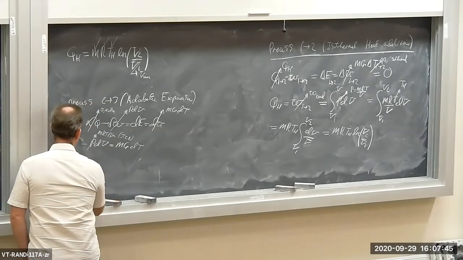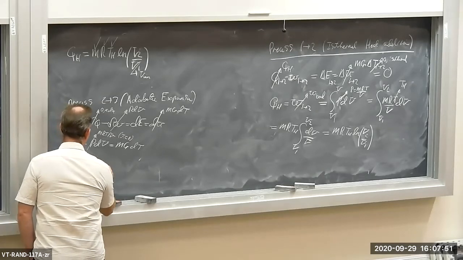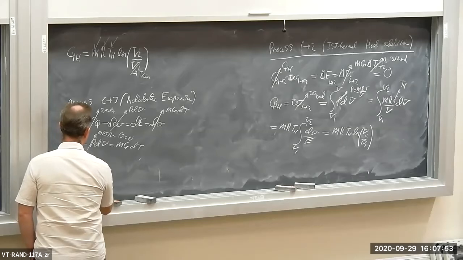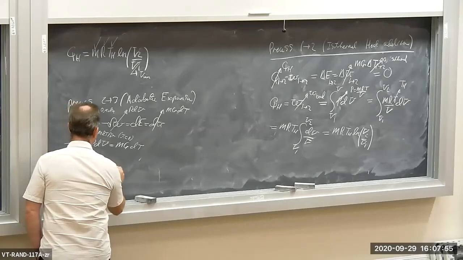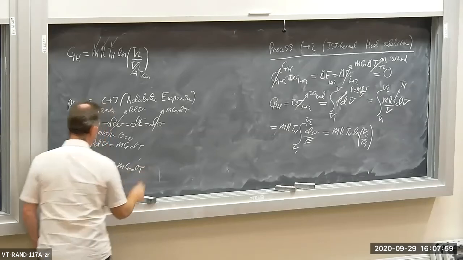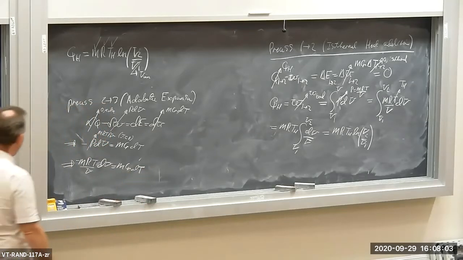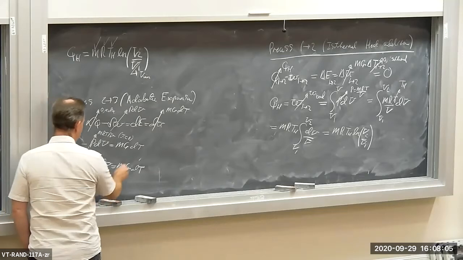Negative mRT over V, oh, I'm sorry, I forgot the dV, equals mCV dT. Notice the masses cancel out in that equation. That helps.